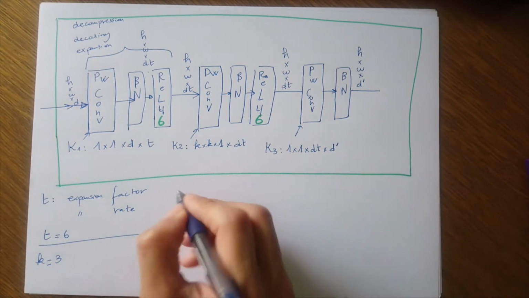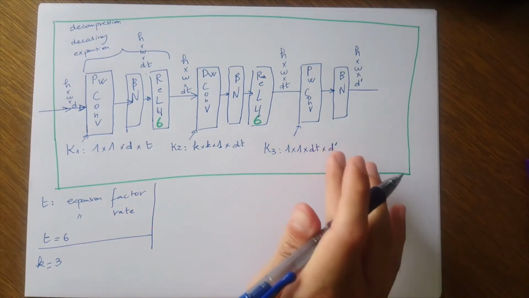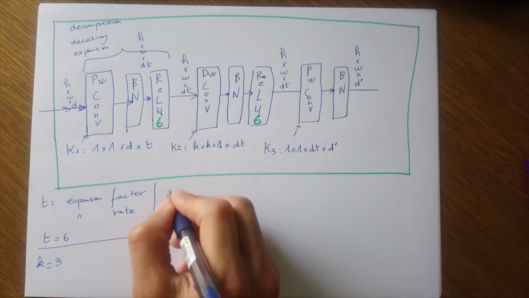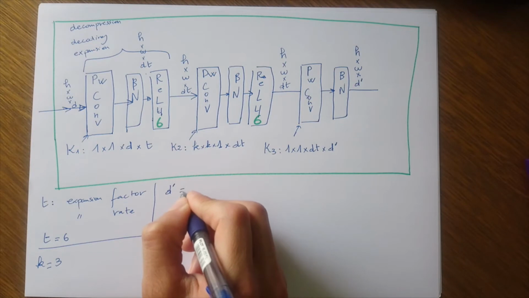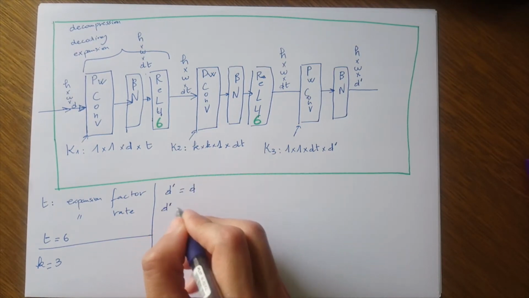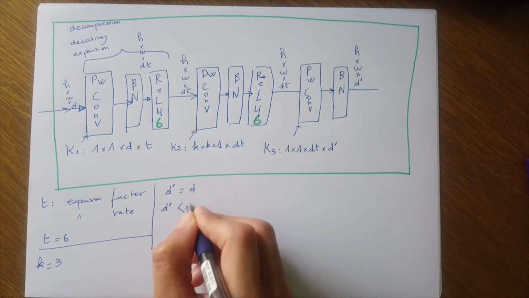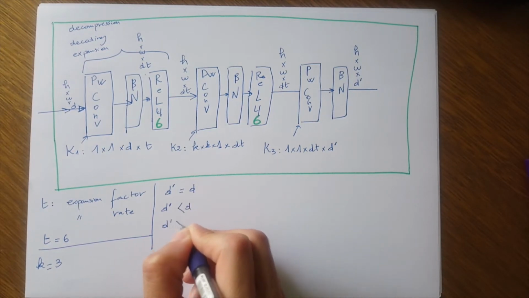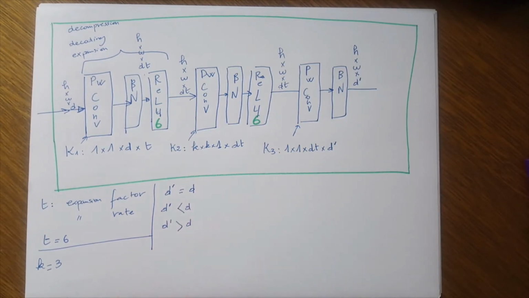So d prime can take several cases. Sometimes it's equal to d, the dimensionality of the input. Sometimes it's smaller. Sometimes it's a little bit bigger. You should go to the table of the architecture in MobileNetV2 to see the different cases we have.